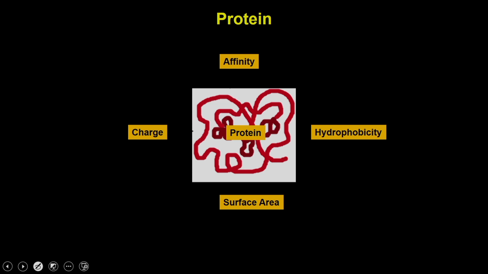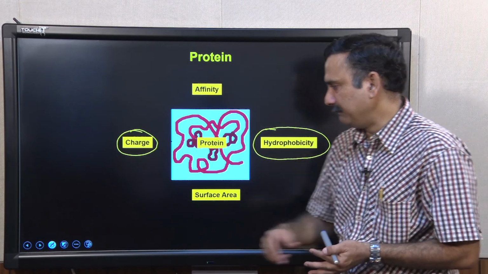If you recall, proteins have multiple properties which can be exploited. So far we have discussed how to exploit the charge or the hydrophobic regions present in the protein with the help of ion exchange chromatography as well as hydrophobic interaction chromatography.